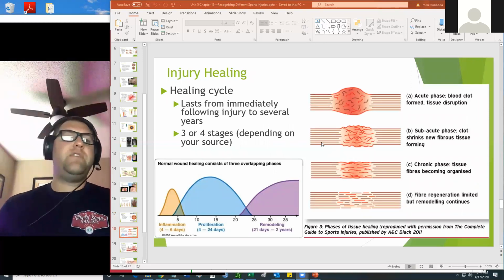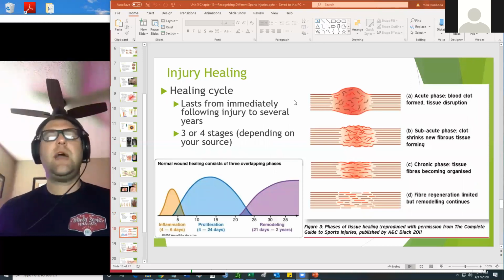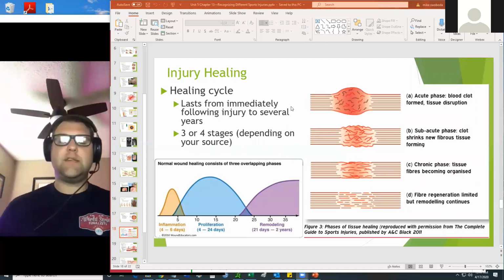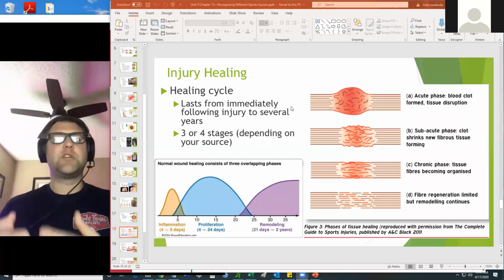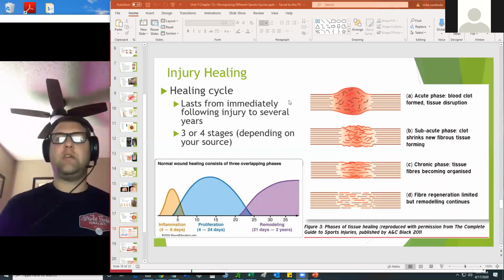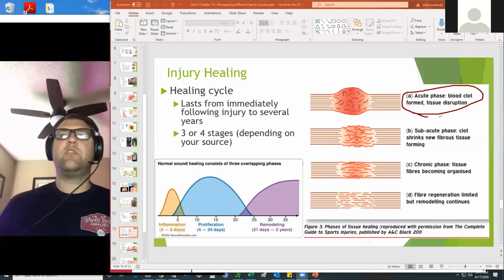Now, I want to finish up here with our healing cycle. When you look at the healing cycle, you have 3 or 4 stages depending on the source. But what this does is show you the process of how our body heals from immediately after the injury all the way to years later. When you have an immediate injury, you get this first phase, the acute phase.